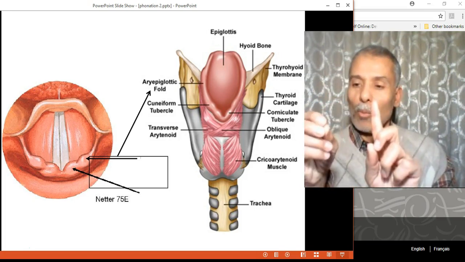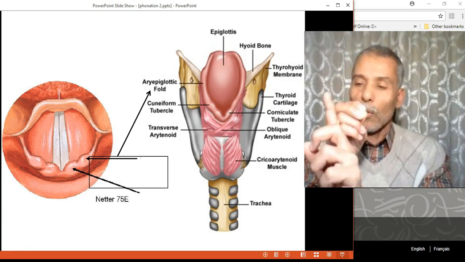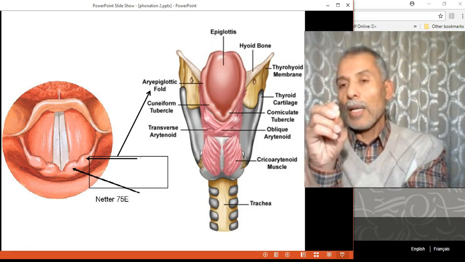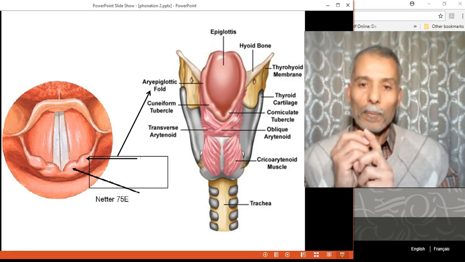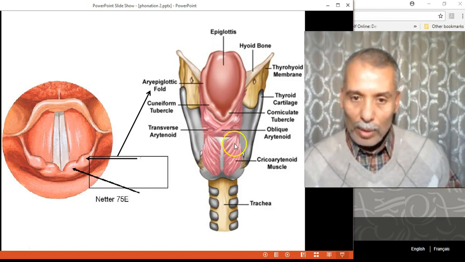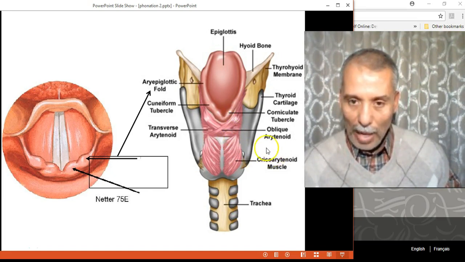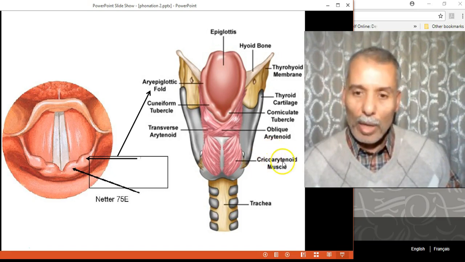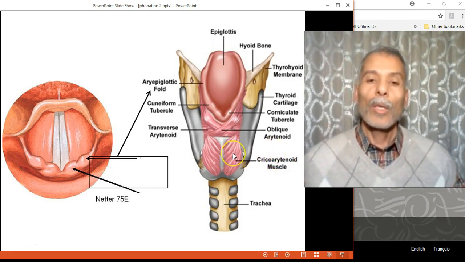When you pull and swing the whole arytenoid away, the vocal fold is taken away from the midline. So that would be your posterior cricoarytenoid muscle.